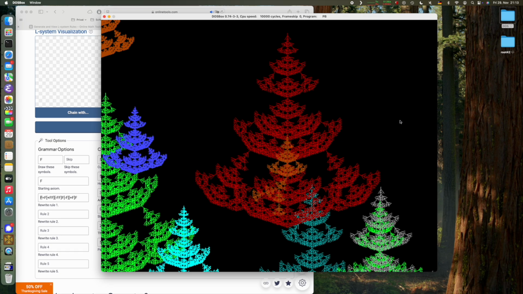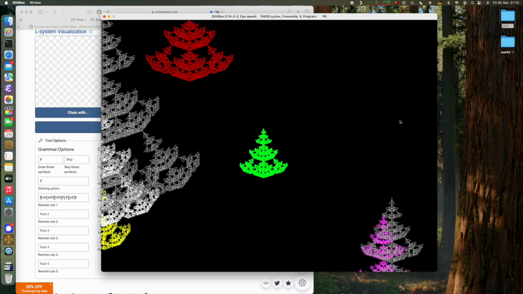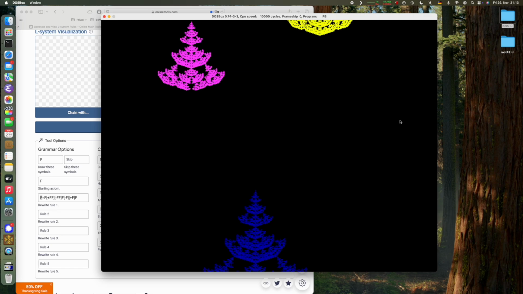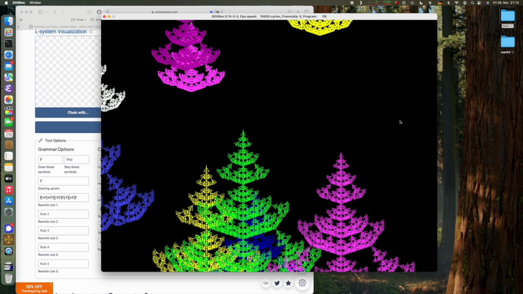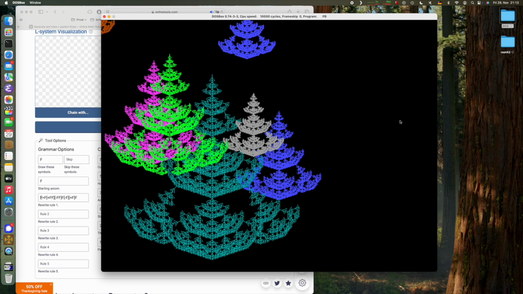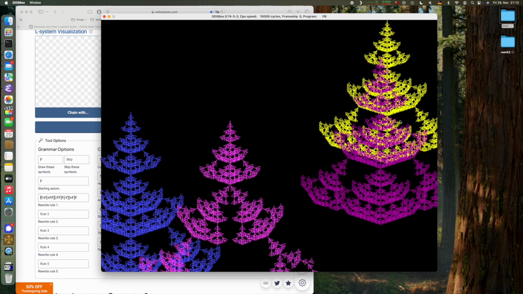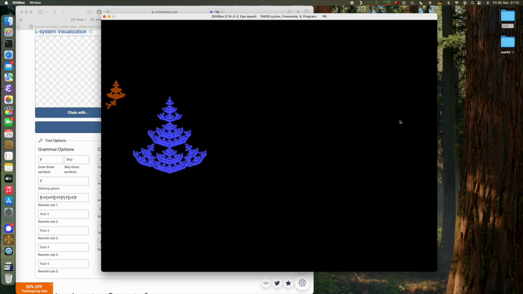So we get nice, very colorful and quite detailed Christmas trees, I would say. And I'm always amazed at these L-systems, what kind of things they can generate. They also work in 3 dimensions. You need to change the angles, I guess, to 3D angles and stuff like that. But yeah, it's amazing what they can do.